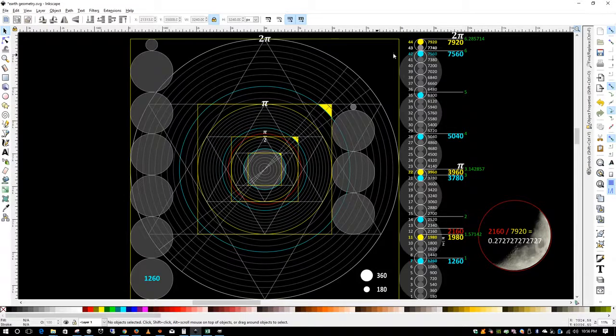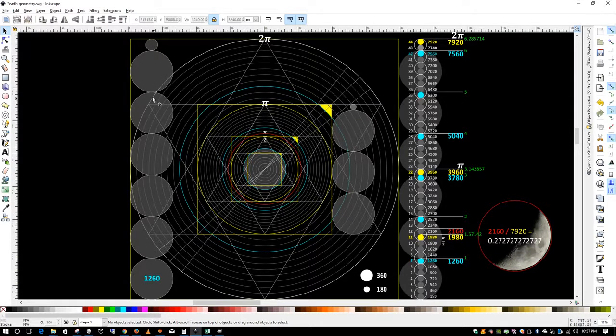Well, our 7 basically is the 7920, and if we take that 44, since we're dealing with 2 pi, and we divide by 180, and then we multiply by 7, then 1260, the size of this right here, that's our 7.